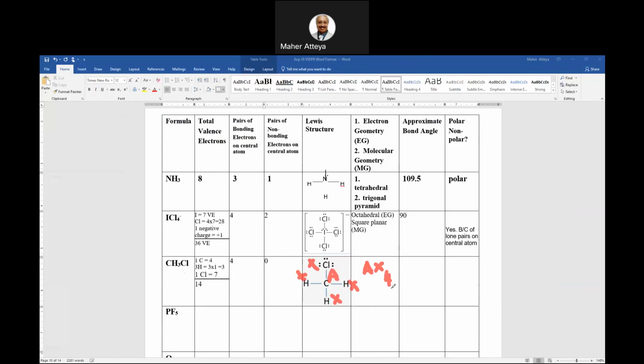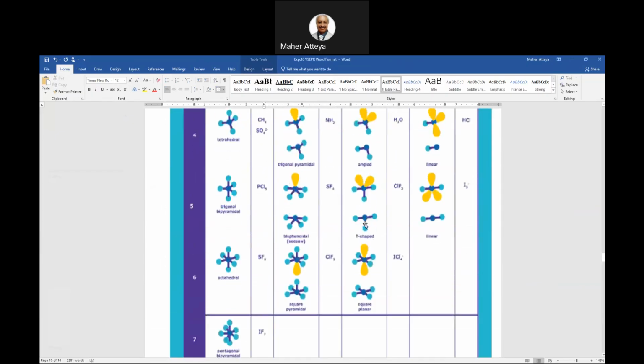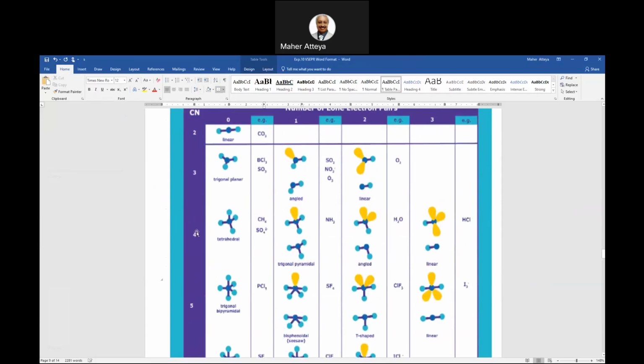AX4 is tetrahedral. With 4 regions and no lone pair, same thing as CH4, this will be tetrahedral.